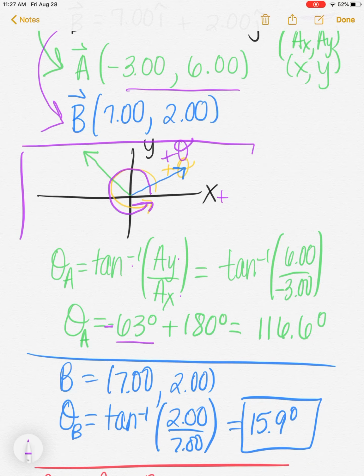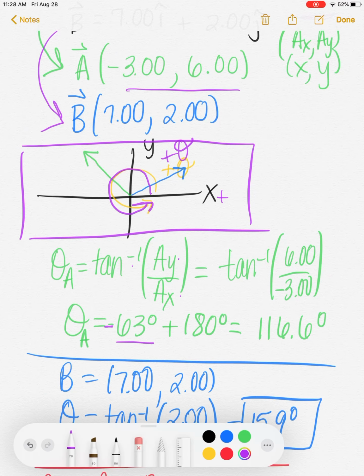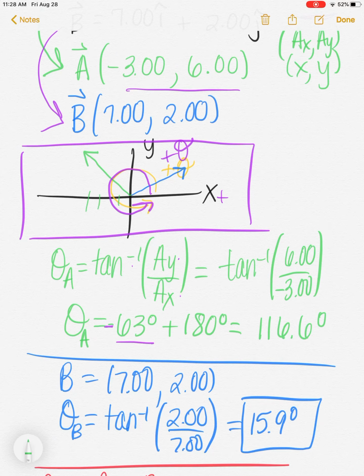That's why I went up here to the graph and plotted it, because this green vector to the left is what you would see for vector A, because it has a negative 3 for the x direction and a positive 6. So it would fall right here, which means that it is in quadrant 2.